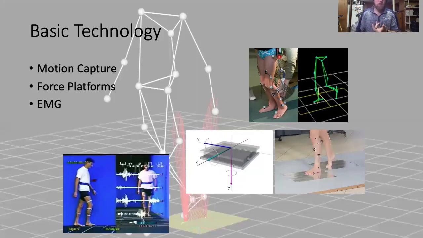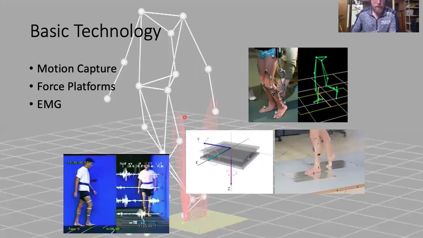And the last tool that we use when we're gathering quantitative data would be electromyography, or EMG. And that's what you see here. All these little wires that are hooked up to the legs, right? Those are called electromyographic electrodes.